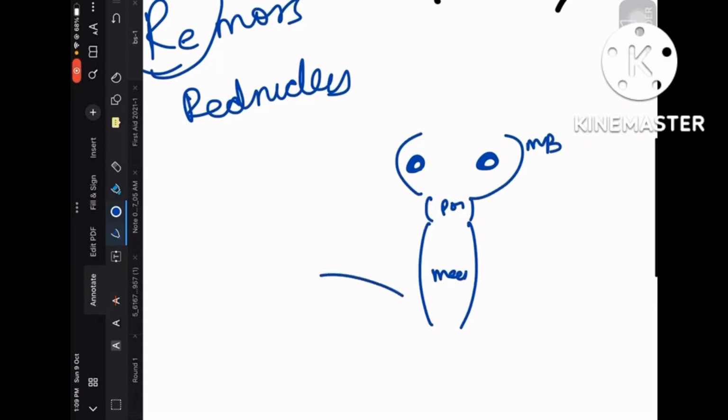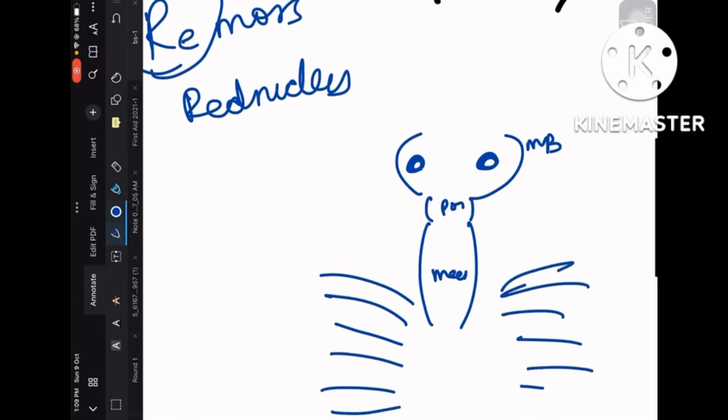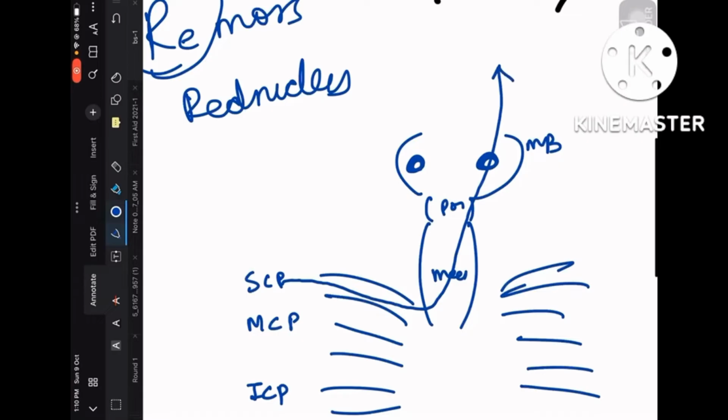So here on the side you have the cerebellum. In the cerebellum you have 3 peduncles: superior cerebellar peduncle, middle cerebellar peduncle, and inferior cerebellar peduncle. So what happens is the fibers from the superior cerebellar peduncle go to the opposite side of the midbrain, that is from the right side they go to the left red nucleus.